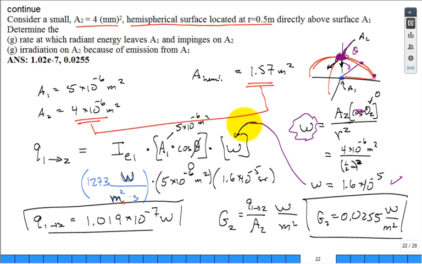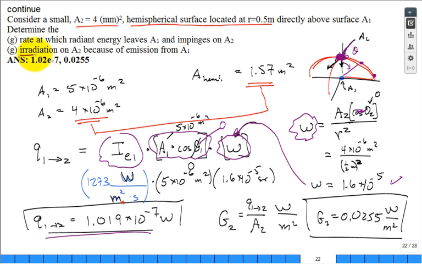Put that in here, where you have the intensity coming from 1 and the normal projected area of 1. Now I get the magnitude coming off per steradian, and then I multiply by the solid angle. Because 1 is pointed straight up and 2 is pointed straight down, both angles, theta 1 and theta 2, are 0. That makes life a little easier. And you get how many watts, not many, are leaving 1 and impinging on 2.